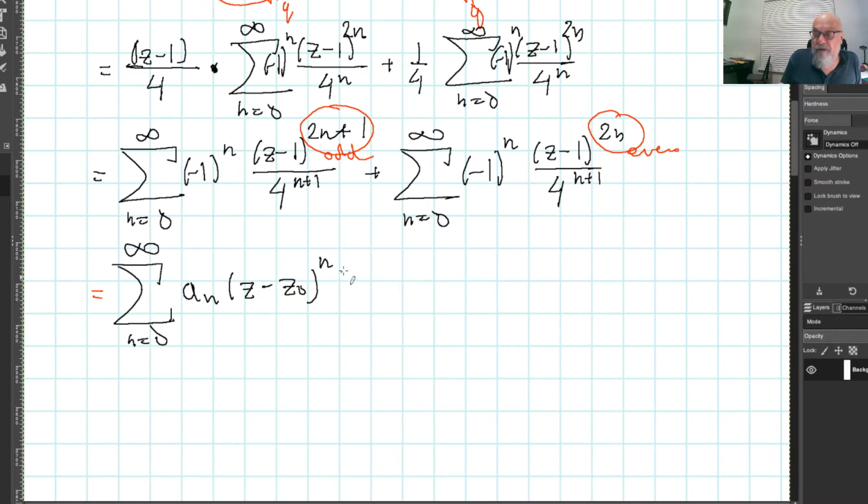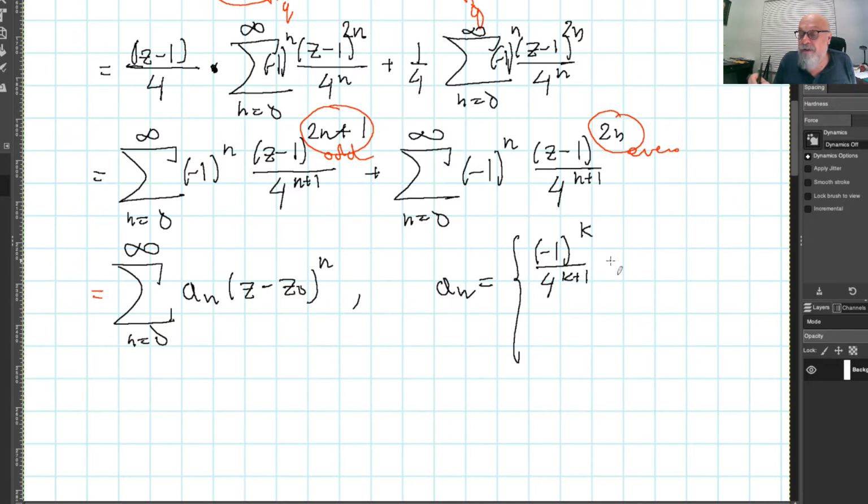So that means n can be either even or odd, and you can indicate that this a_n in this case is equal, and we put it like this, (minus 1) to the power k divided by 4 to the power k plus 1 if n is equal to 2k plus 1.